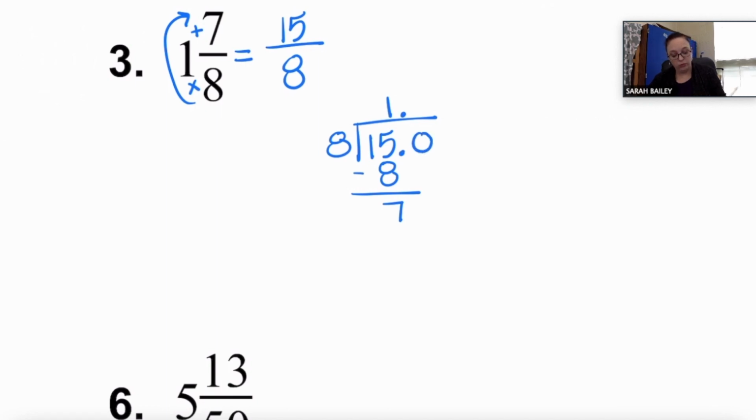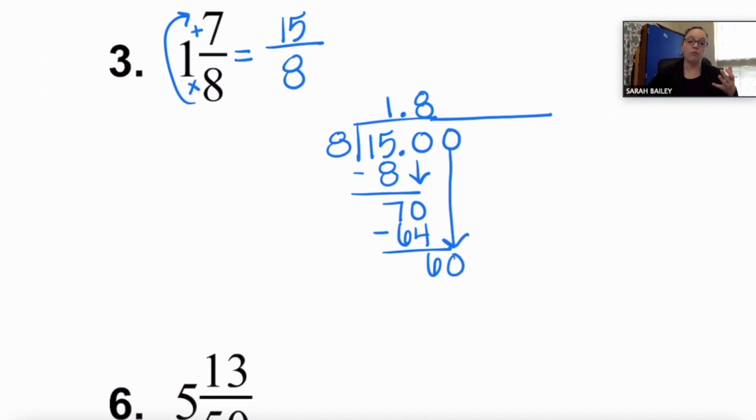So we'll bring our decimal point up and we can bring that 0 down. So 8 will go into 70 how many times? 8 times. 8 times 8 is 64. And then we do 70 minus 64, which is 6. I don't have a remainder of 0, so I'm going to rewrite it as 15.00 and bring that down.